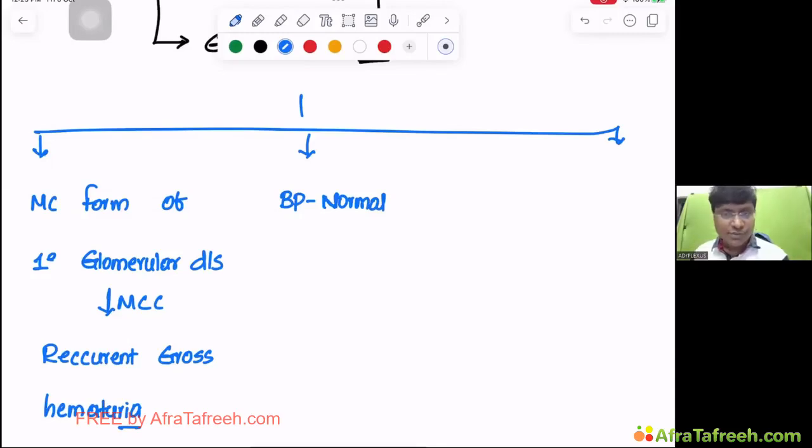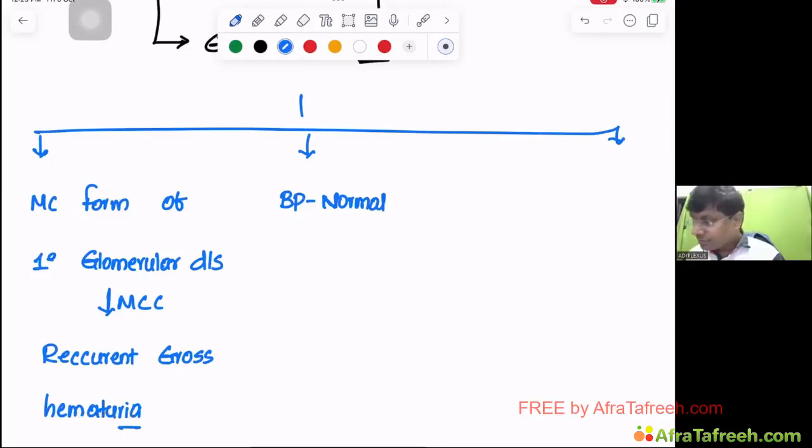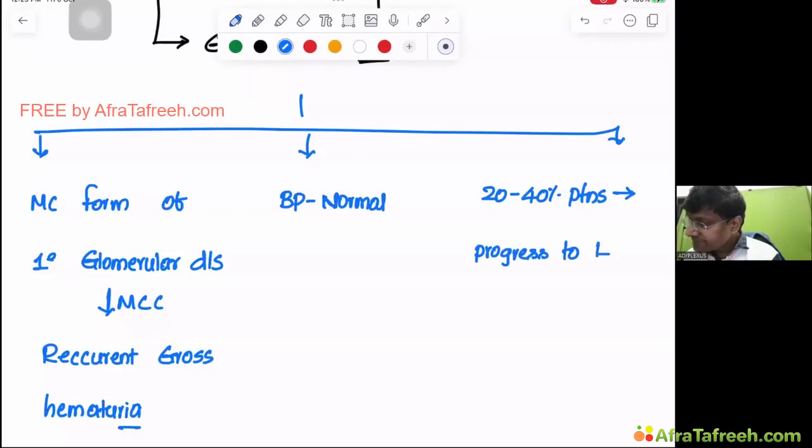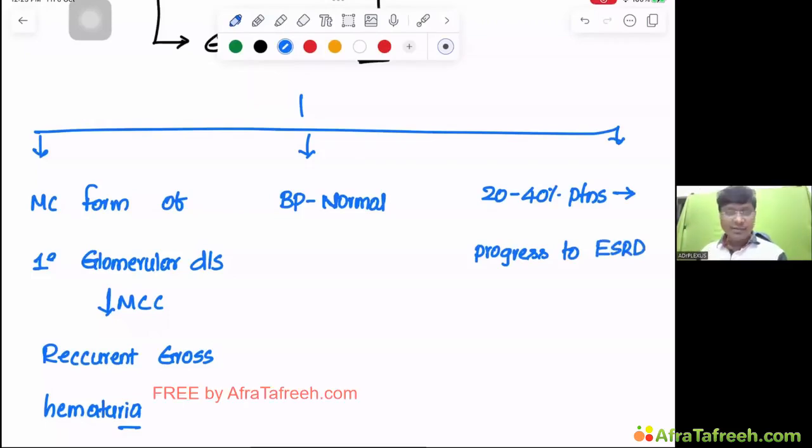In PSGN the prognosis is good, but here almost 20 to 40% of patients progress to end stage renal disease. So this will be the clinical picture in these patients.